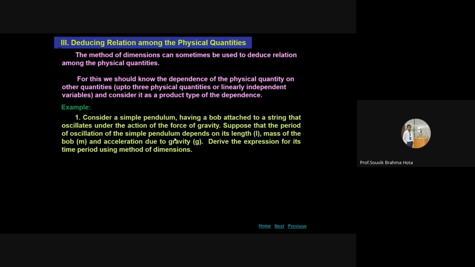Example, consider a simple pendulum having a bob attached to a string that oscillates under the action of the force of gravity. Suppose that the period of oscillations of the simple pendulum depends on its length, mass of the bob m, and acceleration due to gravity g. Derive the expression for its time period using the method of dimensions. What you should do?